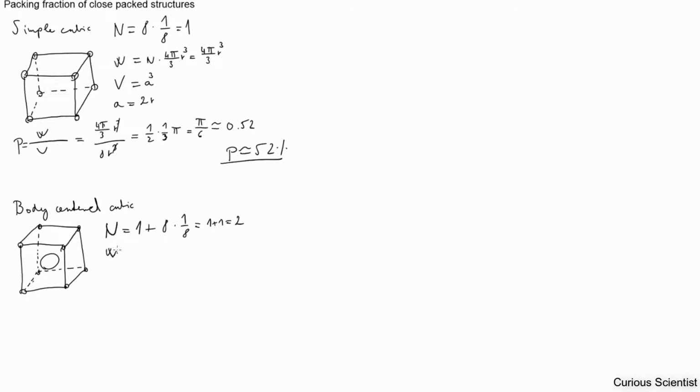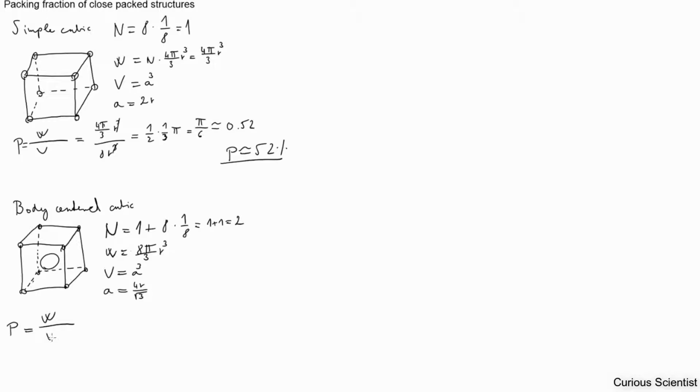And therefore the W will be slightly different. Now we have 8 pi divided by 3 times r cubed. And from the previous lectures we know that, because it's a cubic lattice, the lattice parameter is slightly different, basically 4r divided by the square root of 3. And then we can calculate the efficiency again with the same formula.